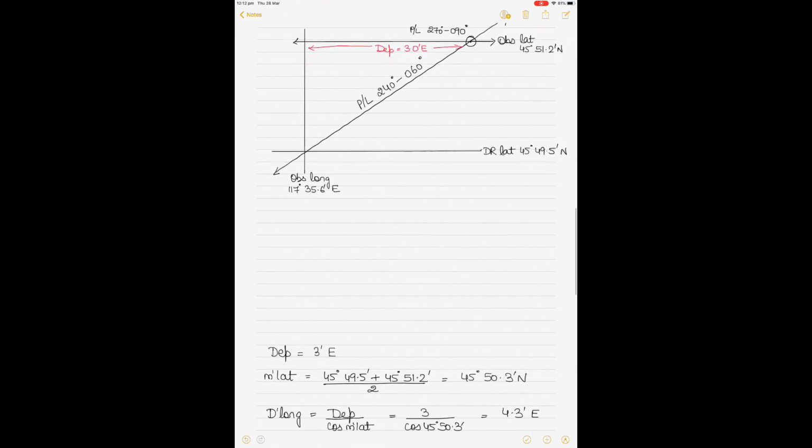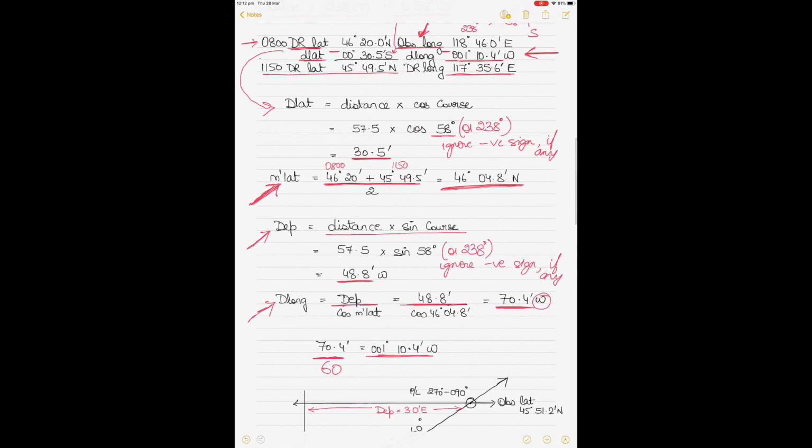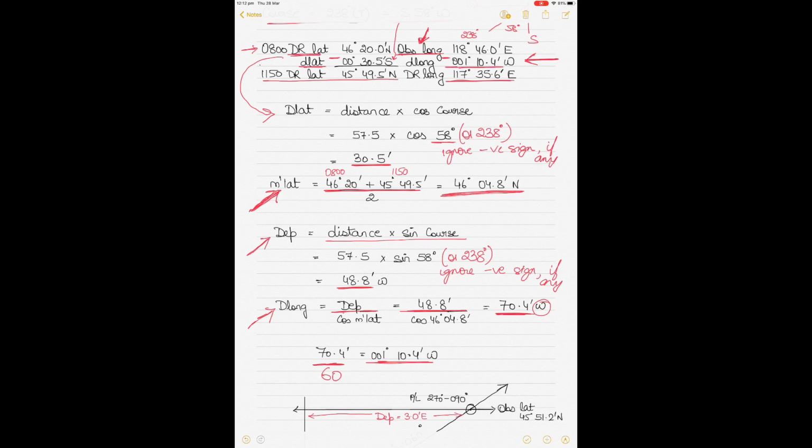Now I've drawn the plot for you already, but you don't know how I drew this plot, right? So that's why I've left some space for you, so I can show you how I did it. Let me show you here, and make some corrections. Now this is observed long, so I can call it observed long at 11:50, but this is still DR lat, so let this stay DR lat, right?